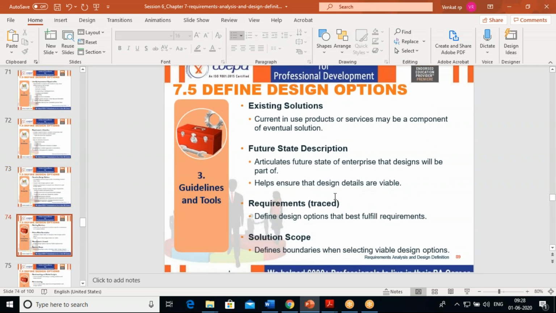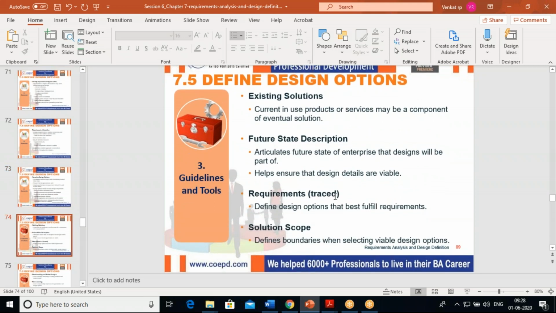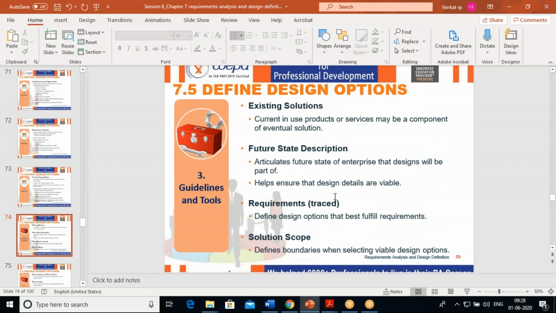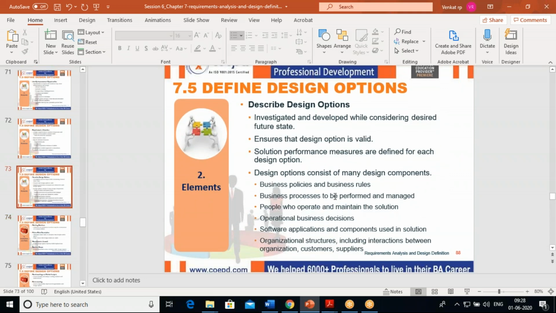Okay, and then if you see here, we have to describe the design options, right? Design options means what are the various options we have for consideration. Whether this design option is valid or not, that we have to understand.